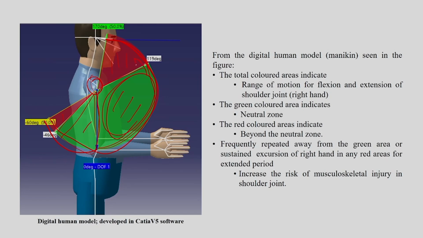Whereas if someone is working in these red zones, that itself is a problem, and if it is associated with more hours, then it is a bigger problem. So frequently repeated or sustained excursion of the right hand away from the green area into any red areas for an extended period may increase the risk of musculoskeletal injury in that particular shoulder joint. Okay, so this way we can understand it.